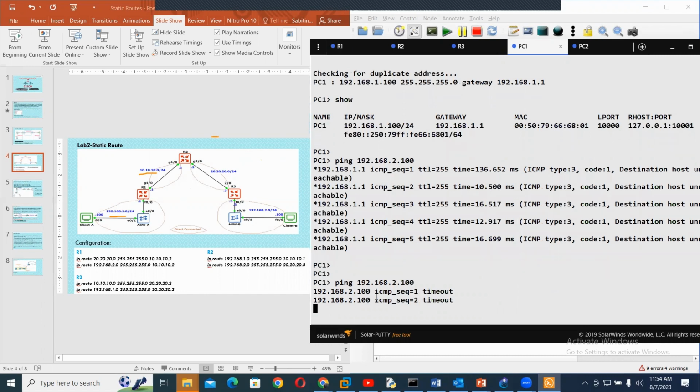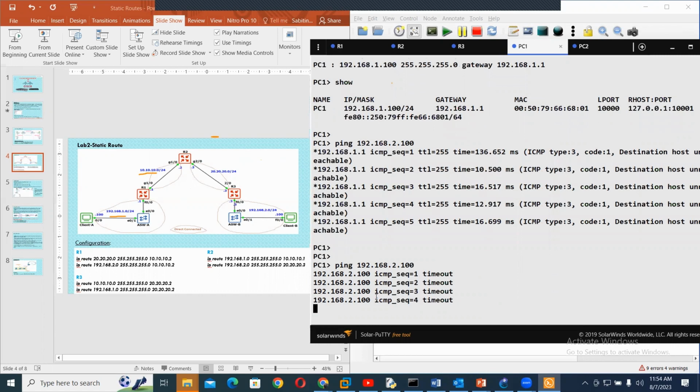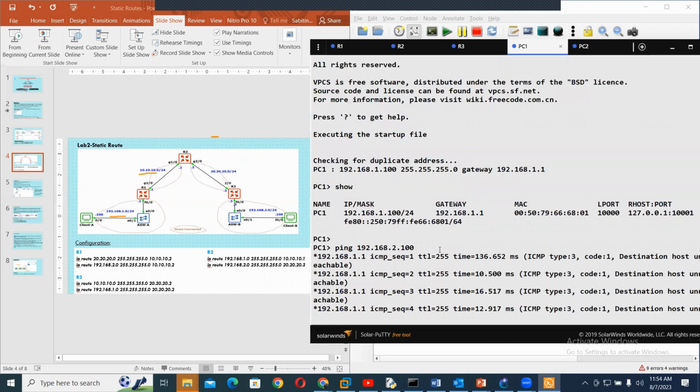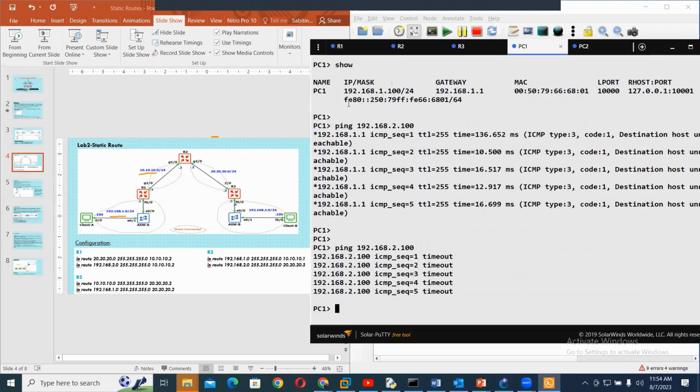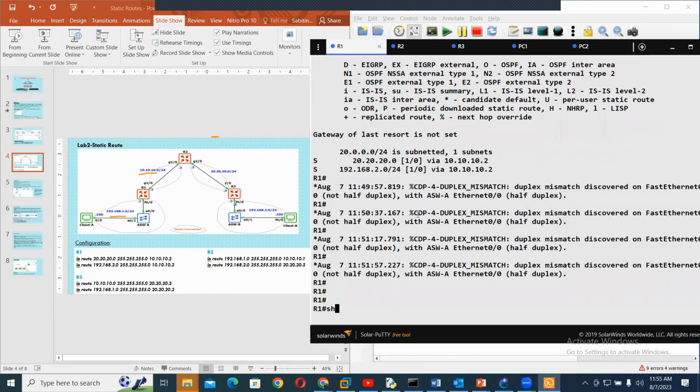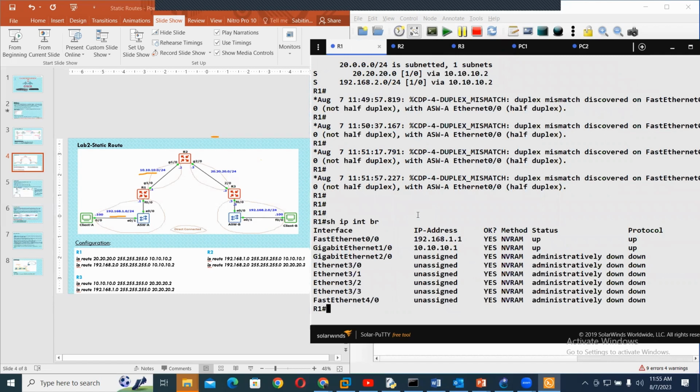So let's try to ping and check if we can now access our next client. Timeout. Let's wait. Okay, we have a timeout. We have to troubleshoot to see what is happening. Let's go back to R1, show IP interface brief. Okay.